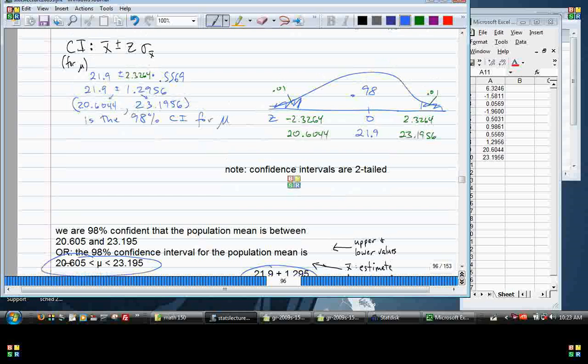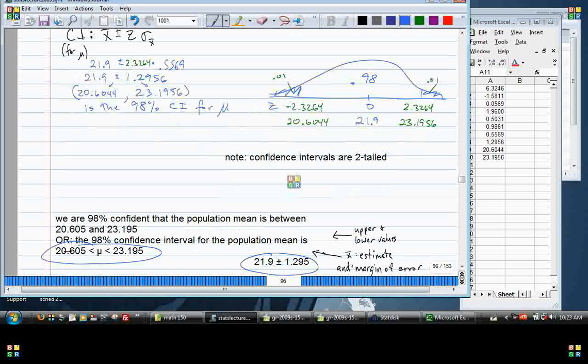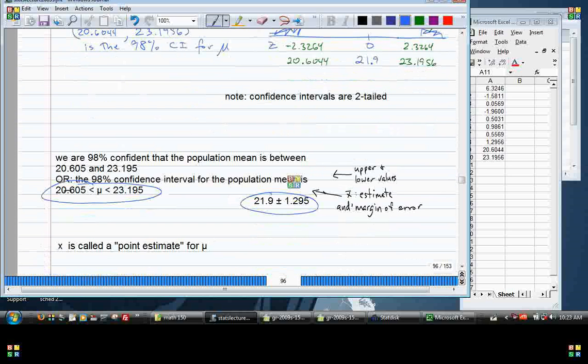We're going to be seeing a whole lot more of it. So x bar is sort of like our one best guess for mu. The name for that is that x bar is called a point estimate for mu. Estimate, obviously an estimate, and what is a point? Point just means one value or one spot.